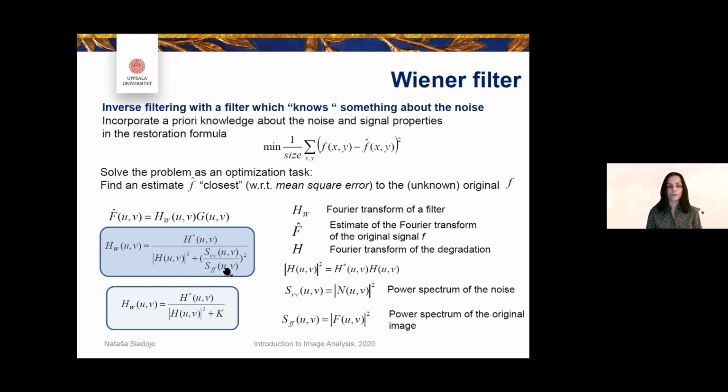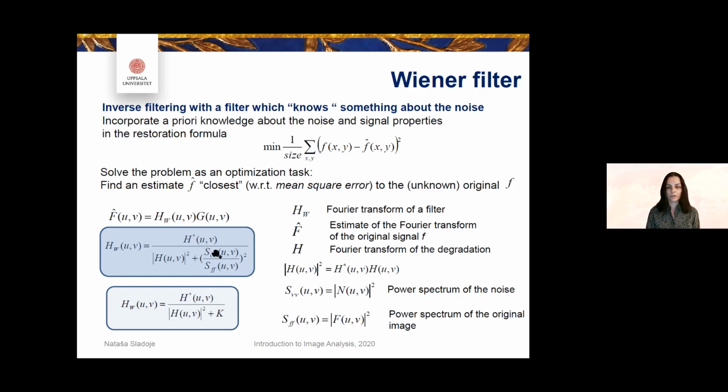And the first thing that we can observe is that having something in addition here will probably solve our problem of division by close to zero values, because there will be some additional term, and then we will be safe, avoiding these divisions by zero. What is then this term? What does it contain?